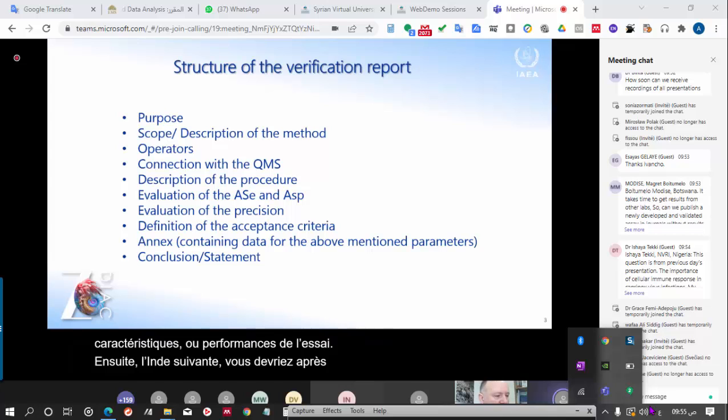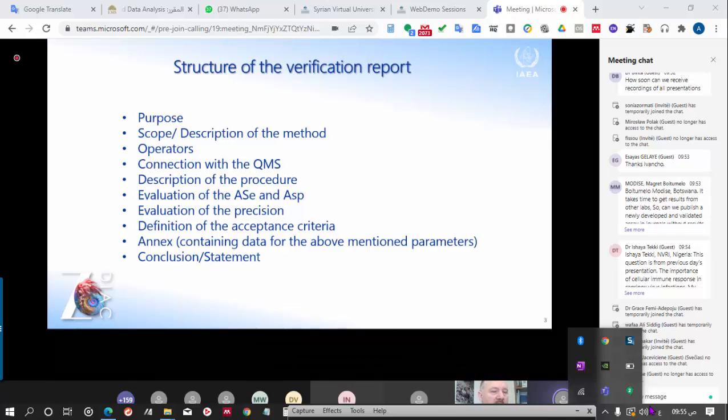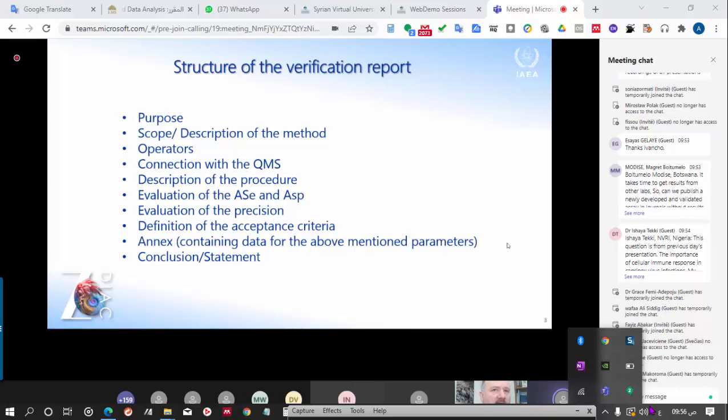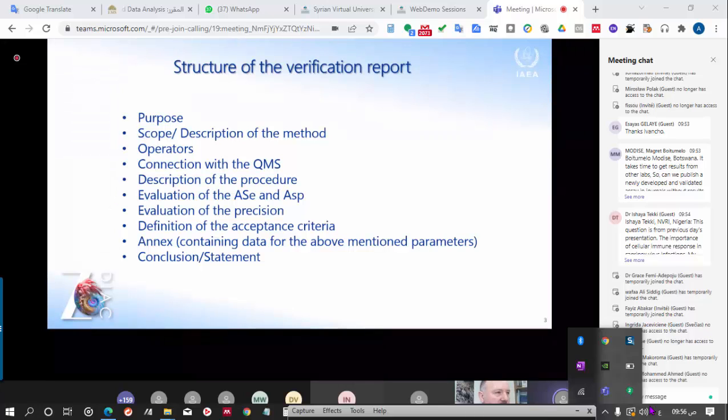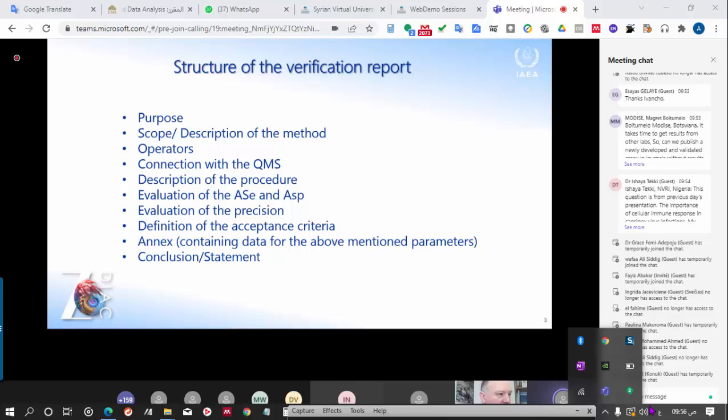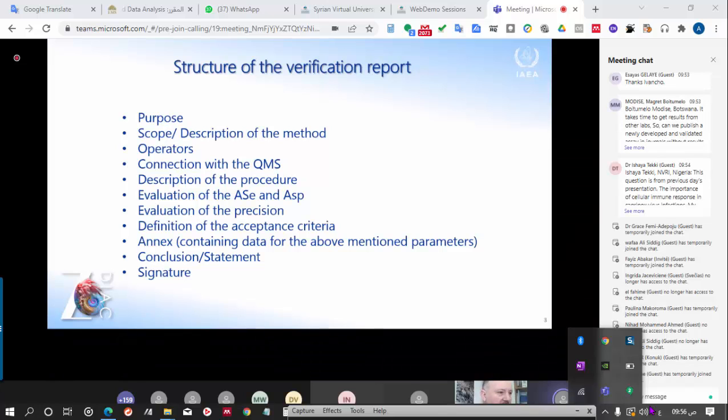And at the end, you have a conclusion and a statement of whether the assay passed the verification and proved to be fit for purpose, or that it's actually working as described by the original developer. Then you state that this assay is fit for purpose in your laboratory for the intended use. And in the end, you have a signature: the responsible person, usually the head of the laboratory, should sign this verification report.